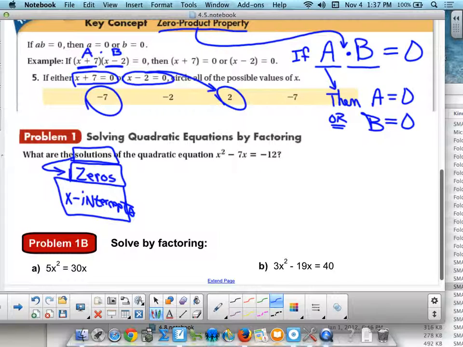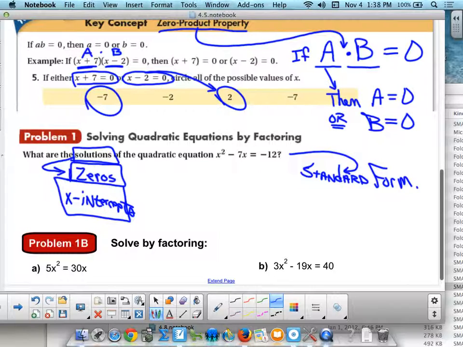Okay, for you to do a problem like this, you need something to happen. And the something I'm talking about is right here. You need this equation in what we call standard form. And do you remember what standard form is? Why equals MX plus B? That is slope intercept form.